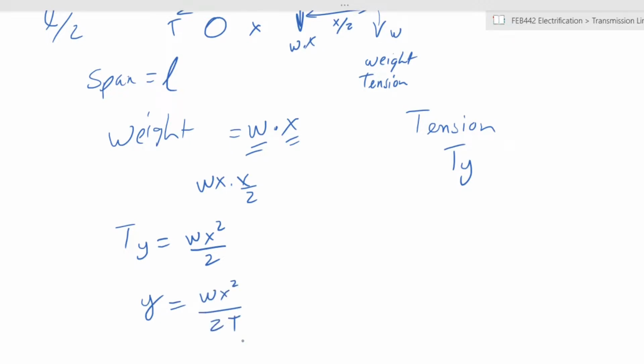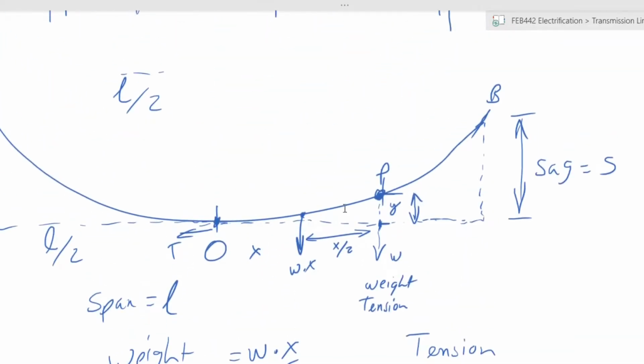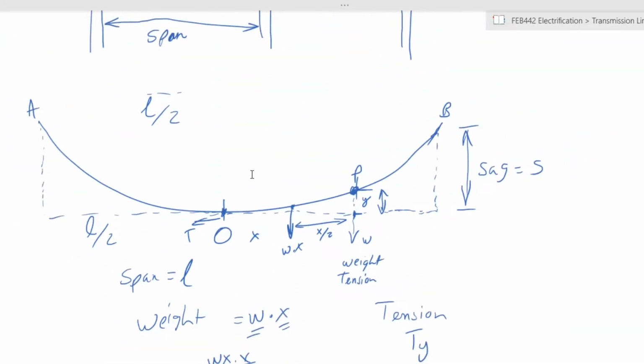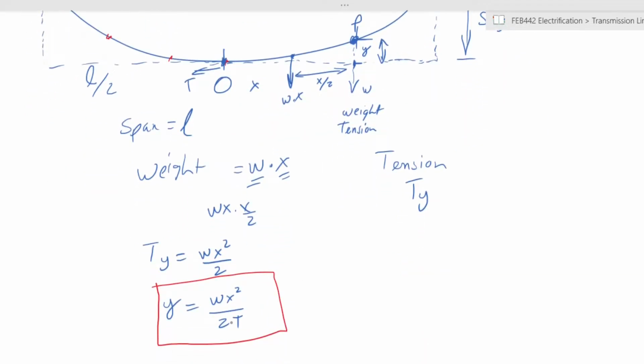So this particular formula is the equation that describes the shape of this sag. At any point along this line, whether it is point A, point O, whatever it is, this characteristic will hold true.